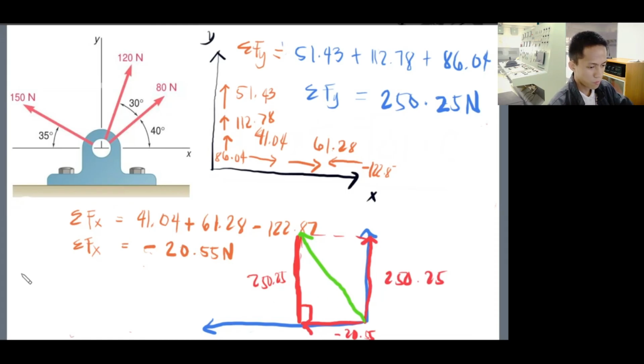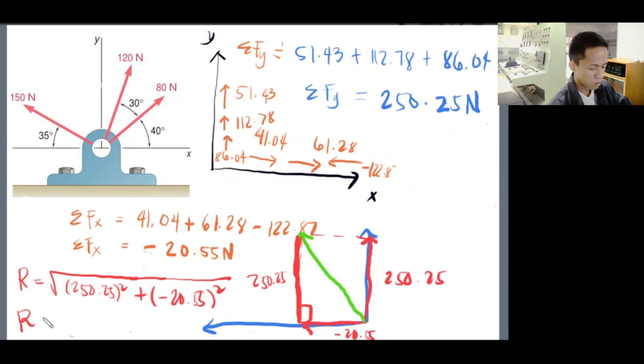So, R equals the square root of 250.25 squared plus negative 20.55 quantity squared. So yung ating resultant force is equal to 251.09 Newton. So, that is our resultant force.